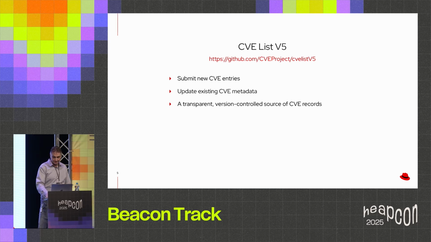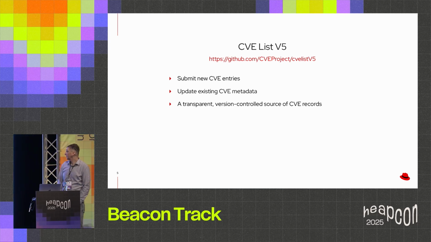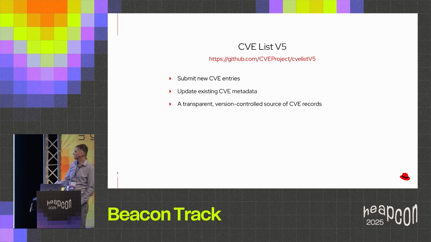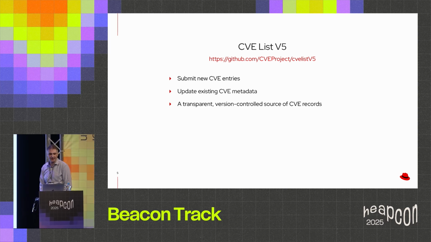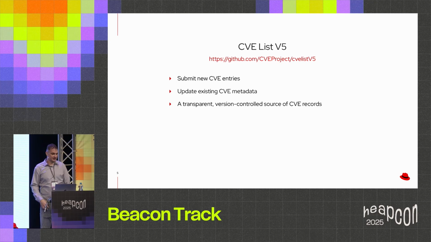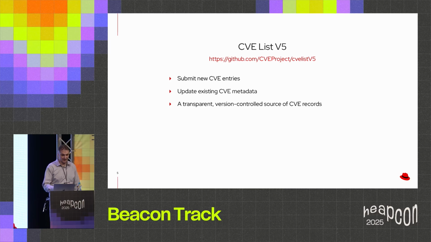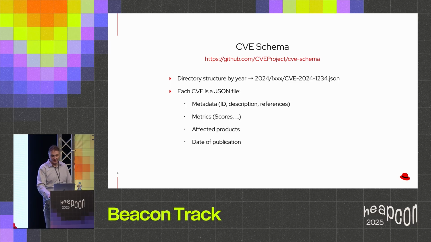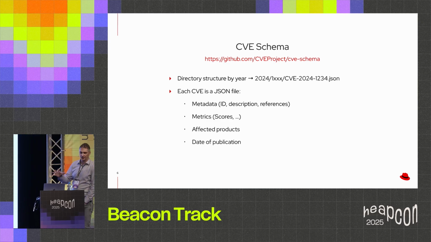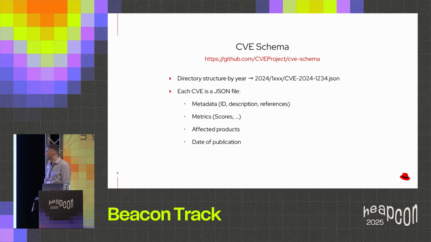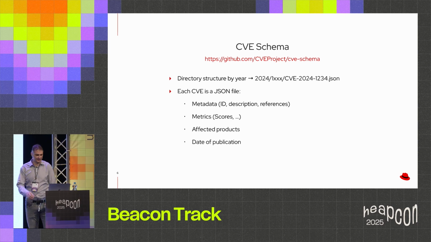And today, we have a nice thing called the CVE List V5 project, which is basically a GitHub repository where the CVE program submits and publishes all the vulnerabilities every day. It's a very nice thing to do because it's a very transparent and version-controlled way to publish this kind of data. It contains a JSON schema with everything that we want to know about a particular vulnerability at this stage.